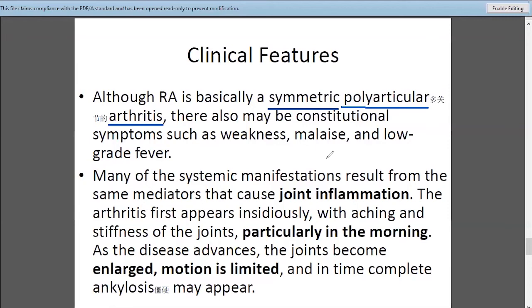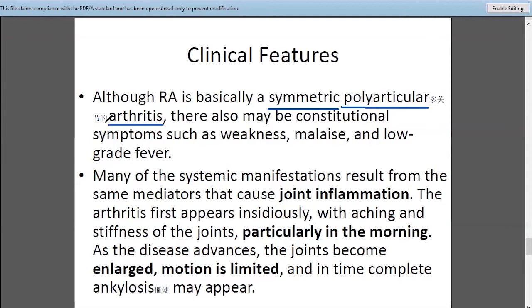Because it belongs to an immunity system disorder, it works against all of our body's joints. The main symptoms are swelling and deviation of the joints, pain, and loss of function.